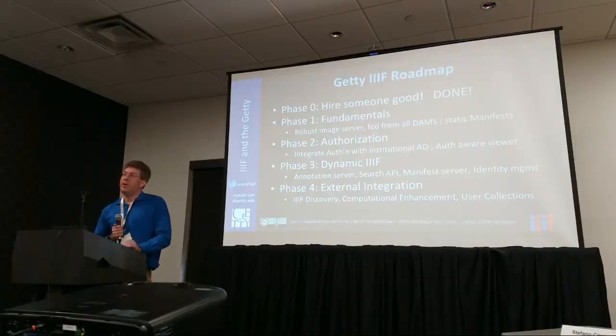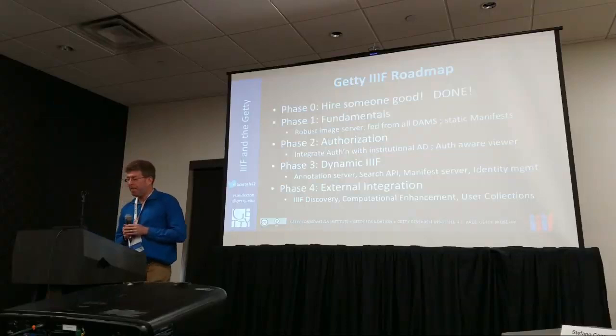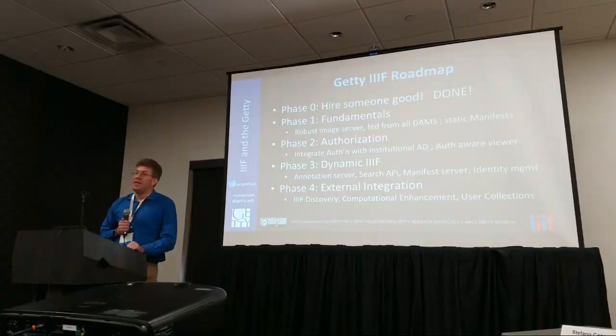So for example, if you're interacting with an archive that you've found, and you want to know where in the archive it talks about a particular artist, that's what the search API is for. It's not finding the archive to begin with. We'll then have a presentation API server that can manage identities and ensure that the objects are linked correctly and persistently. The fourth phase is external integration.